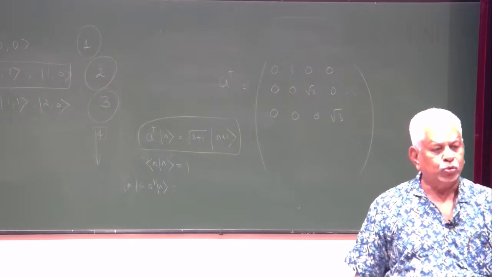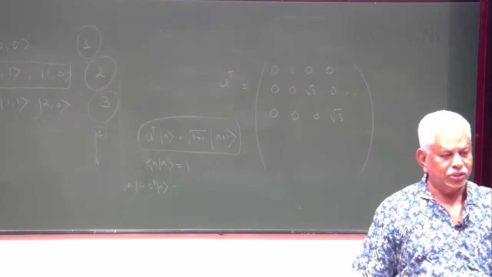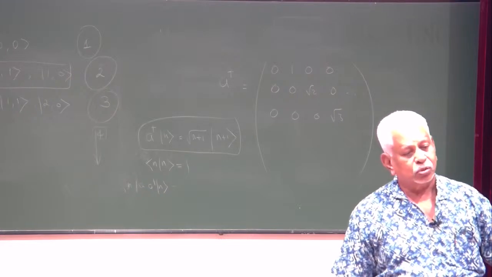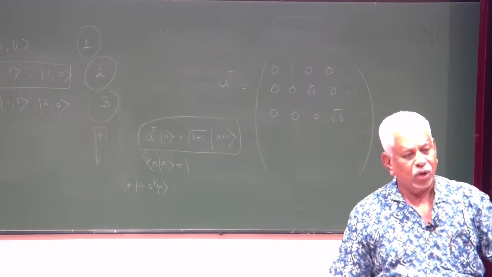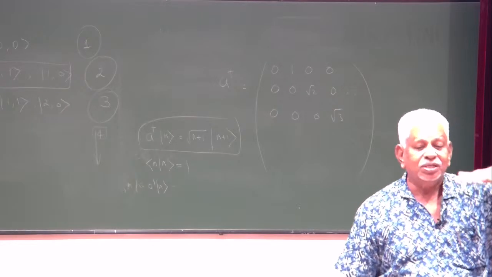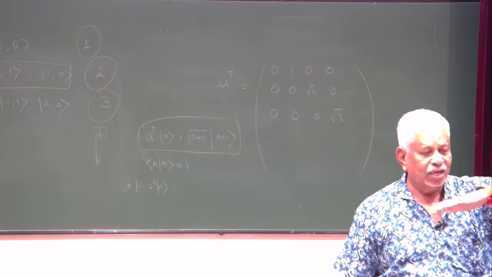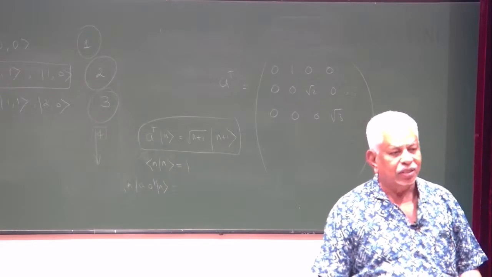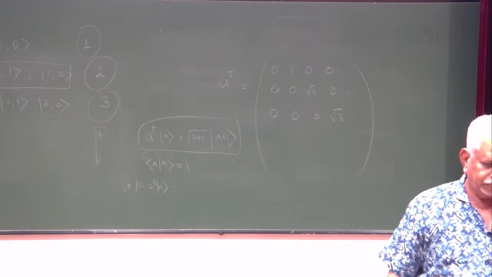I add some x square y square potential, or an x term. Or if I make it x square and instead of y square I put 4 times y square, the degeneracy will be lifted. It will not be degenerate again. That is a kind of thing which will be of interest.